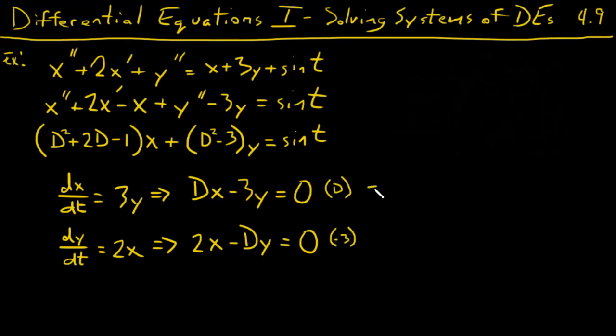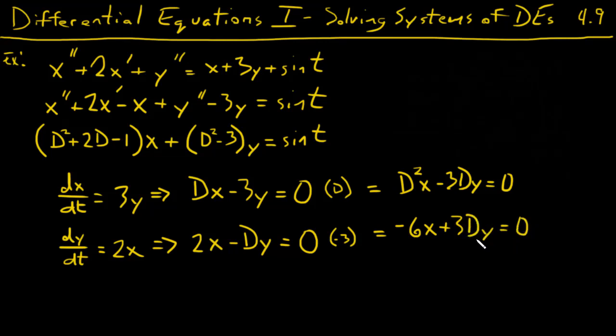So what do I get here? Well, I multiply every term by d, so I get d squared x minus 3dy equals 0. And negative 3 gives me negative 6x plus 3dy equals 0. Okay? So now when I add them together, I'm going to get something kind of cool.